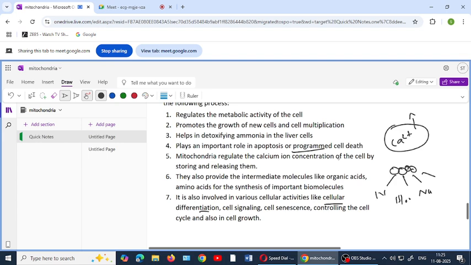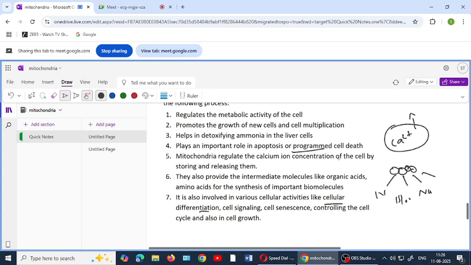Okay, next is cell signaling. The cell react with other cells and the environment by giving and taking some signals. And cell senescence. What is cell senescence? You heard this word senescence.